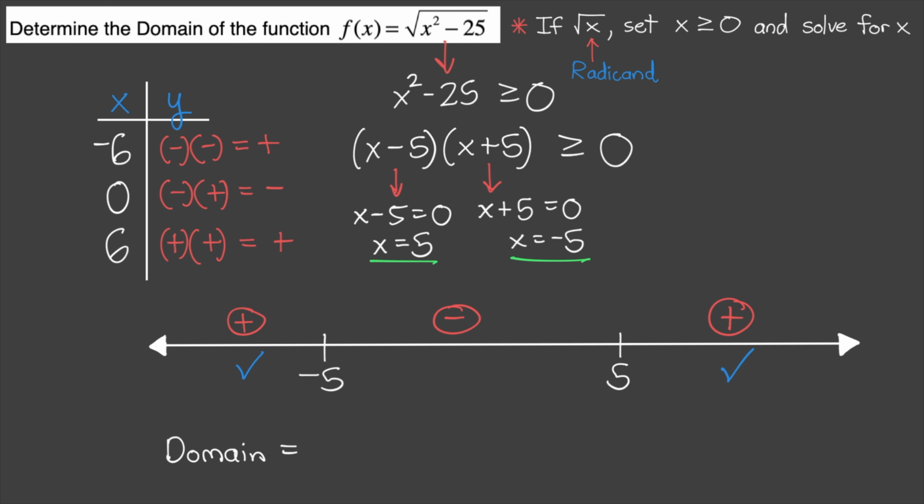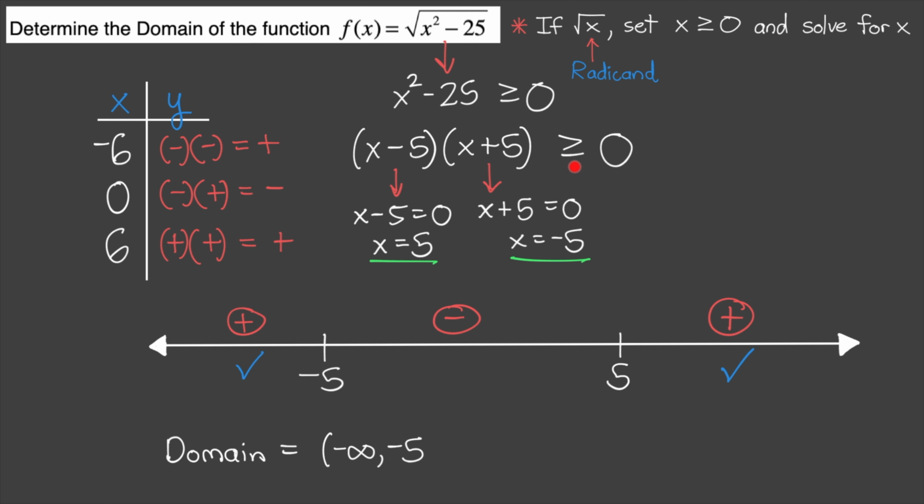is, we'll do this interval first because we always move left to right. So it's going to be negative infinity to -5. And then does it include -5? Well, you kind of have to plug in -5 to decide. So -5 minus 5 is -10 times -5 plus 5 is 0. 0 times anything is 0.